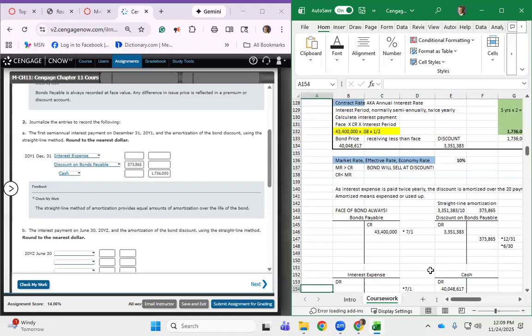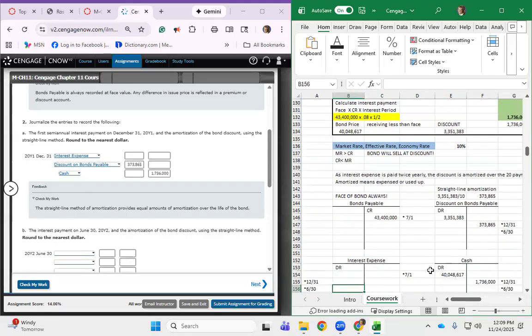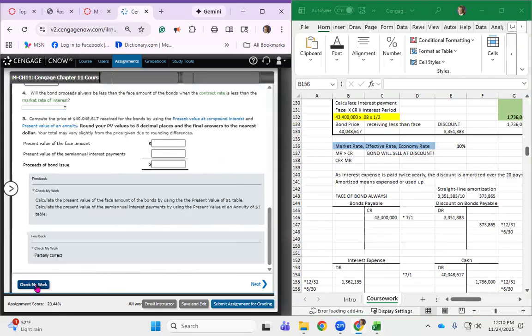To find the interest expense, you take the amount that you're sending out in cash and subtract the amount of amortization of the discount. And then you check it. I got 1,362,135. When you're finished with this transaction, all your debits must equal your credits.